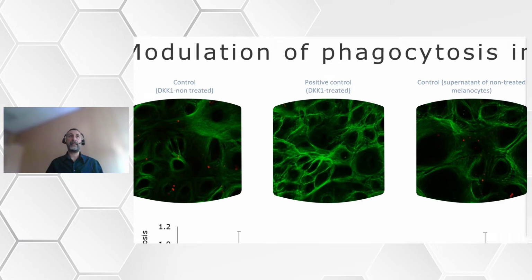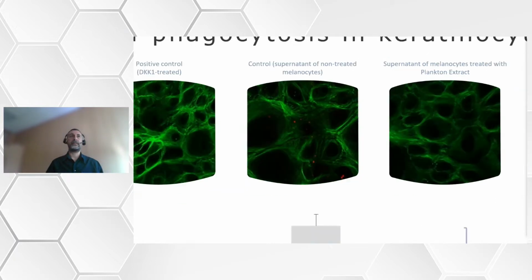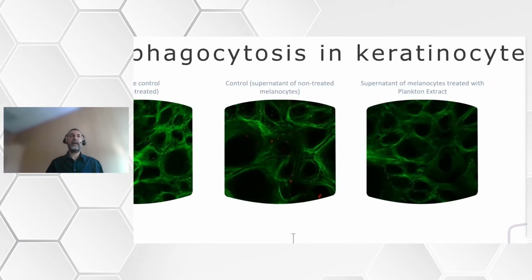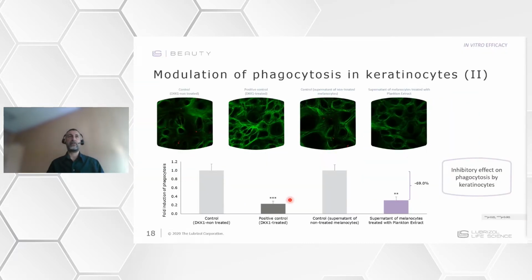Okay, so we demonstrate that DKK1 reduces the phagocytosis. In presence of melanocyte supernatant, we can see also some red particles. But when we add the plankton extract, we increase the amount of DKK1 and the amount of red particles absorbed is also decreased. And this can be also observed in the graph.